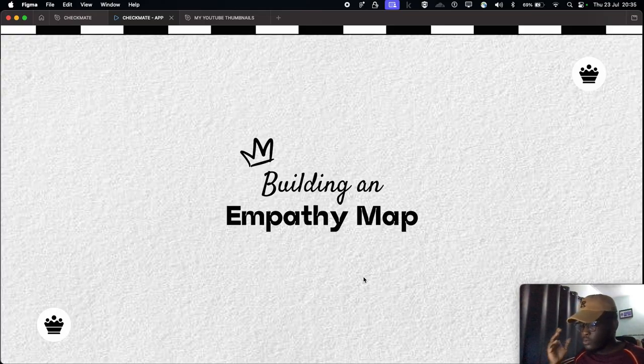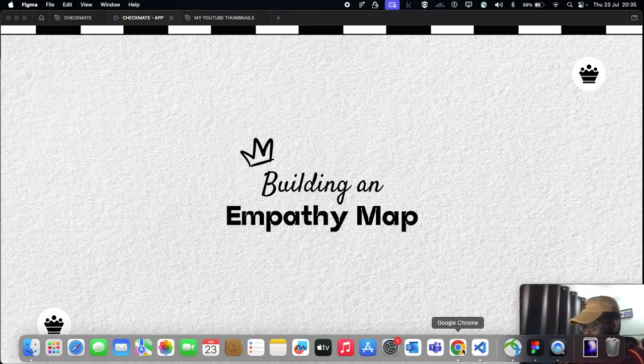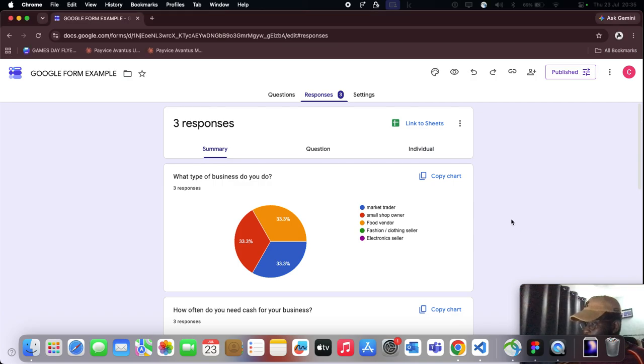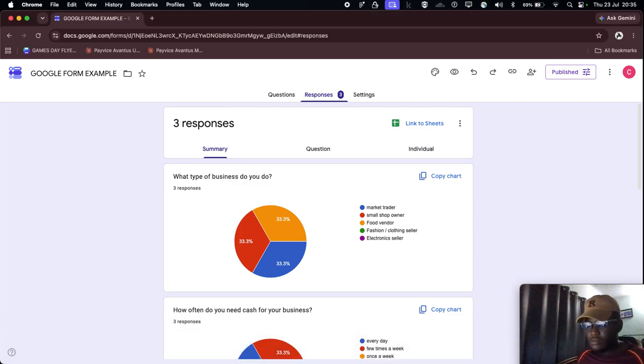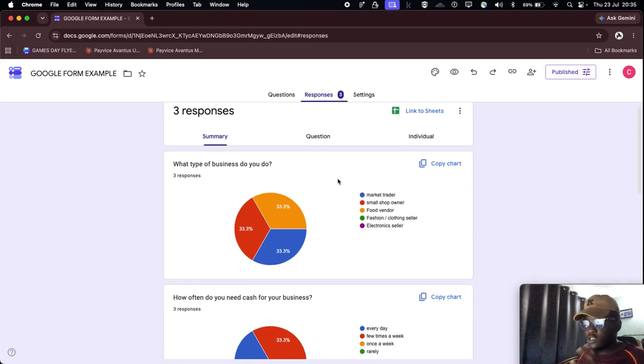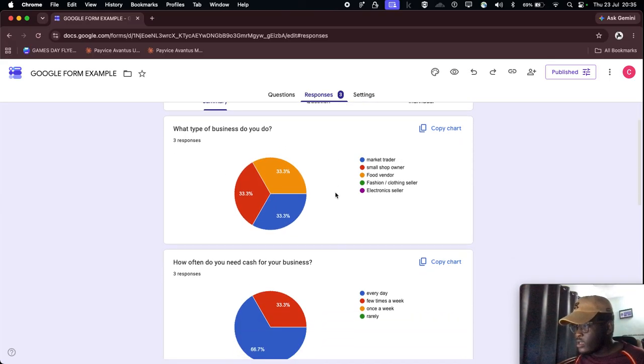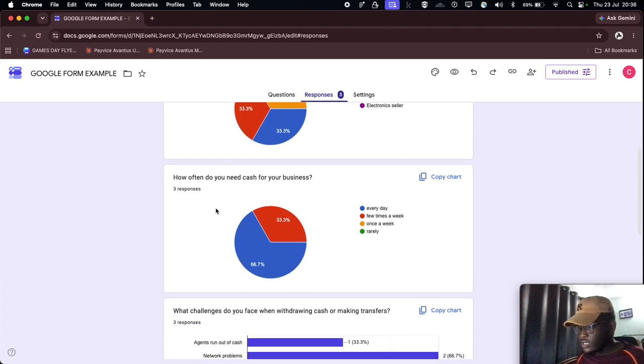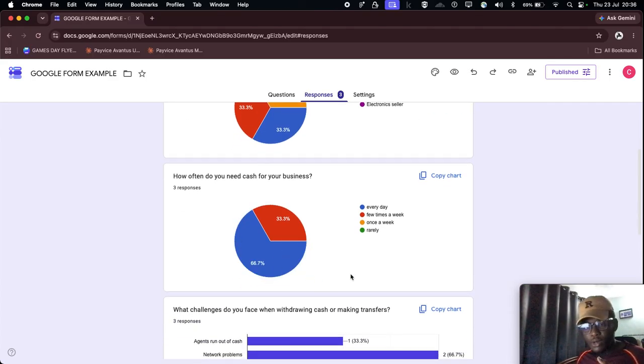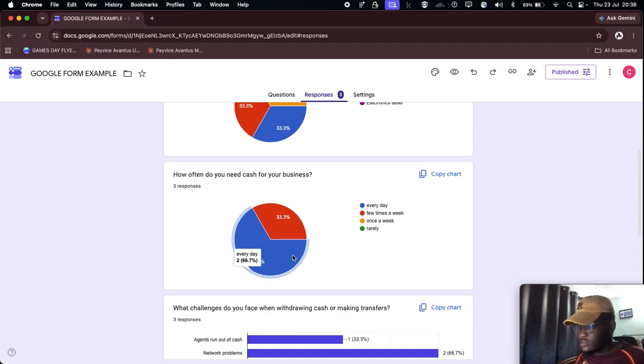Go to your Google form, go to responses, go through the charts. Google form makes it way easier for you. Trust me. And I think you can also copy the charts and stuff like that. But let's say you just want to analyze, you can just come here. You can see the graphical explanation for you already. You can see, oh, this amount of users are needing cash daily. Do you get? Which this blue is every day.